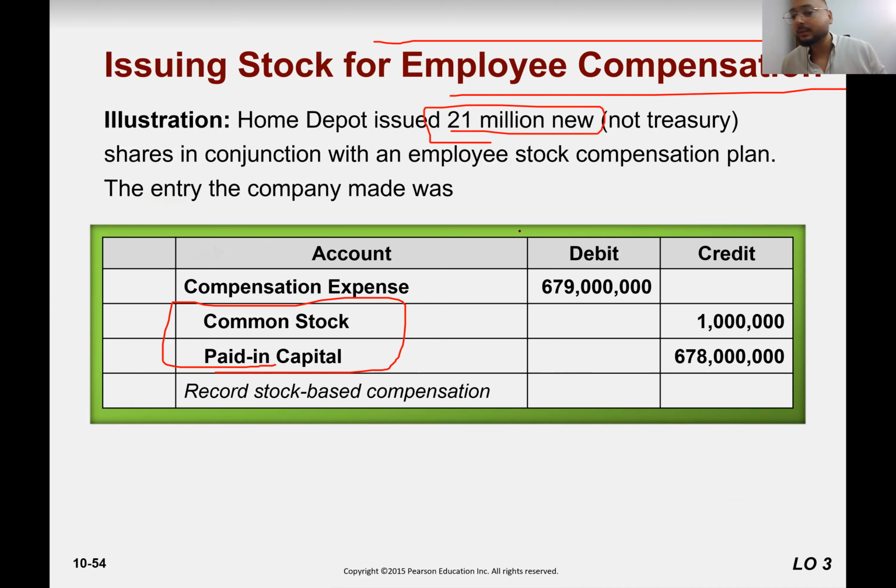This question is just for you to understand the entry, because we don't have the figures. So just remember that one. It is the same as when we issued shares in our previous entry for legal fees. The same entry is there.